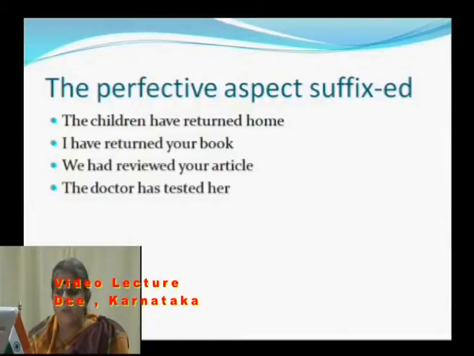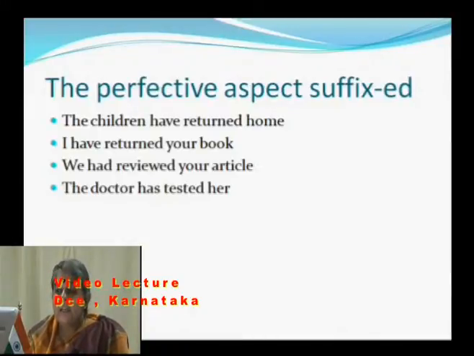We never use the word have. Here in perfective aspect, we use the word have or had or has, depending upon the form of the noun. Whichever noun we use, these auxiliary verbs have, had and has.